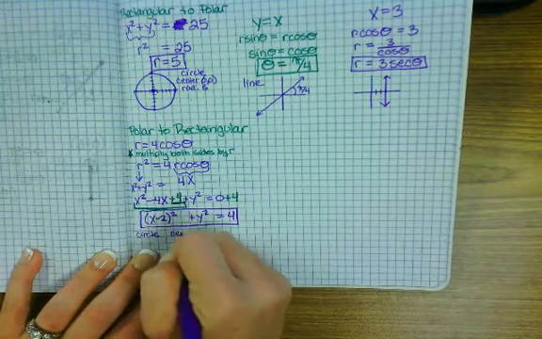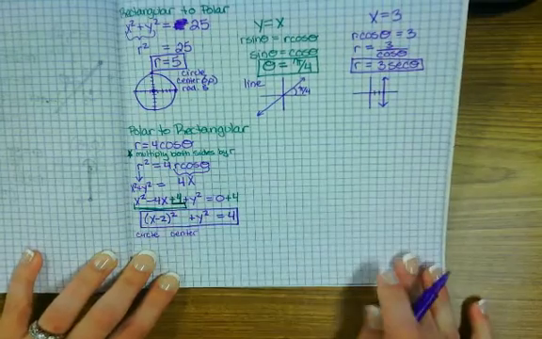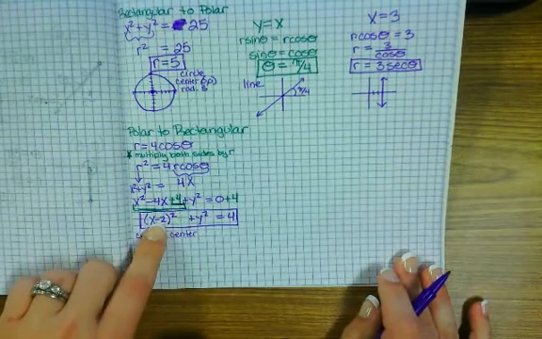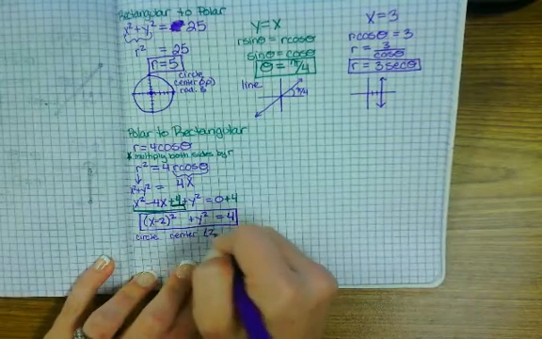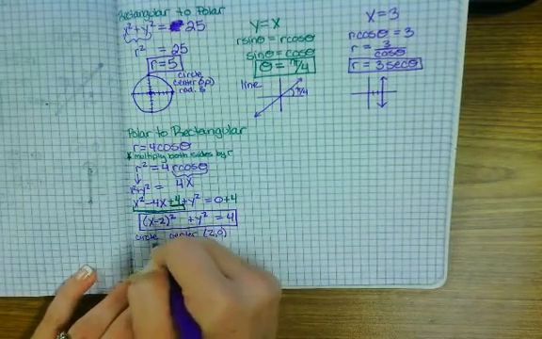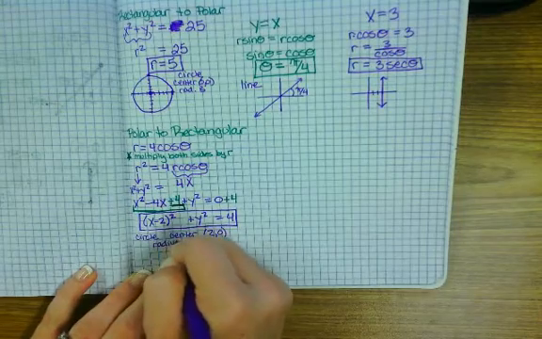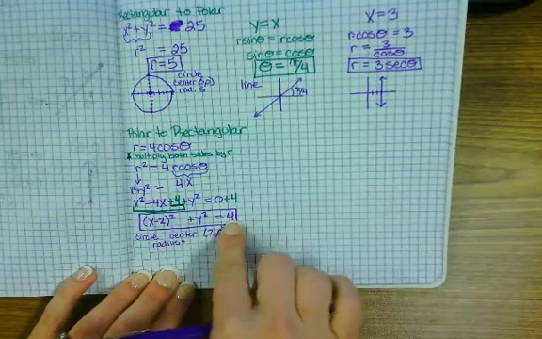Where's the center? H, K would be 2, 0. So your center is at 2, 0. And your radius is the square root of that, so 2.